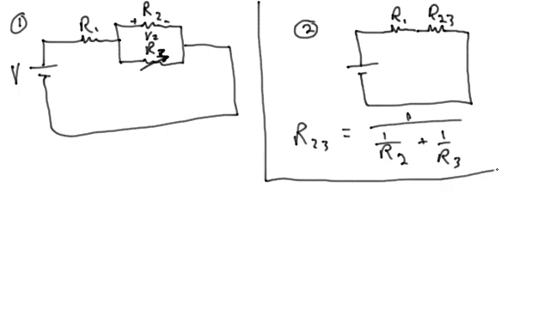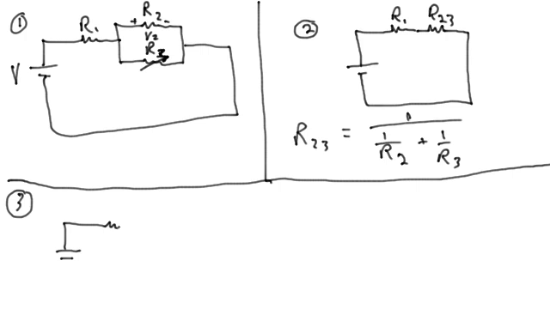Alright, then picture 3 consists of a CWMF and 1 resistor, R. I call it RT for R total, which is R1 plus R23.